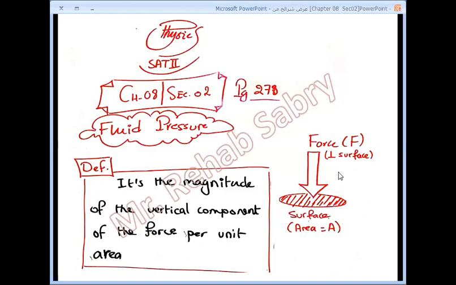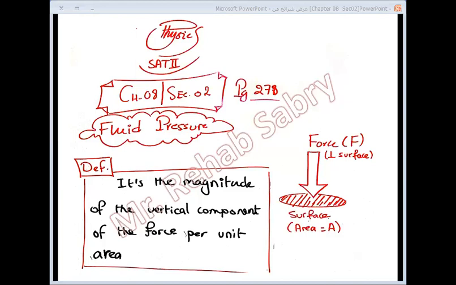Okay, this is the second section in our chapter, chapter 8, section 2. This chapter is talking about the pressure and some properties of the moving fluids. Last chapter, we studied the fluids when they are at rest.